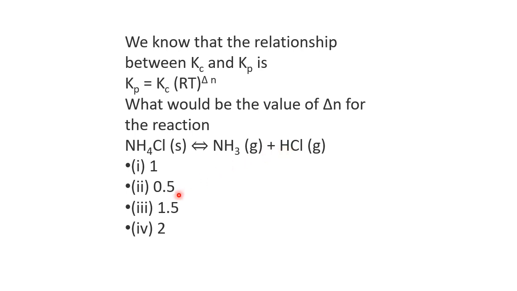Is it 1, 0.5, 1.5 or 2? On the product side, 2 moles of gas; on the reactant side, nothing. So it is 2 minus 0 equals 2. So the answer is 2, option 4. Okay, right. Next.